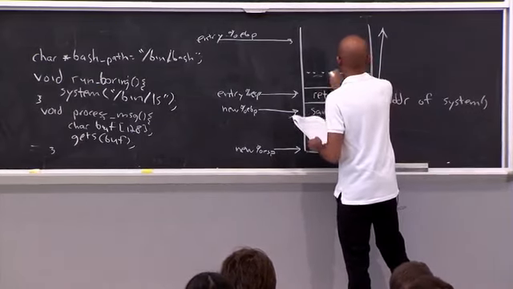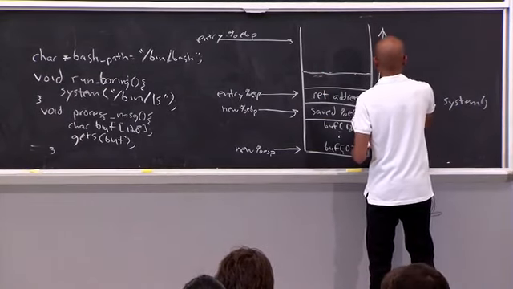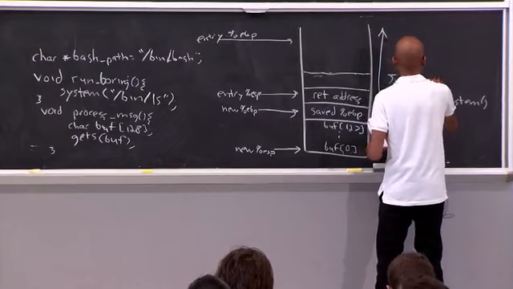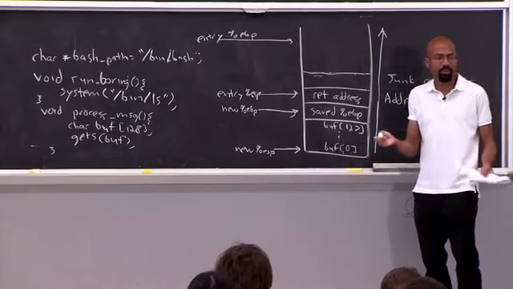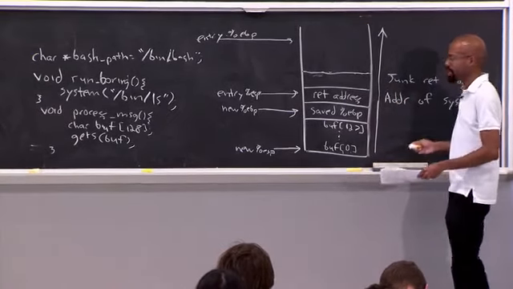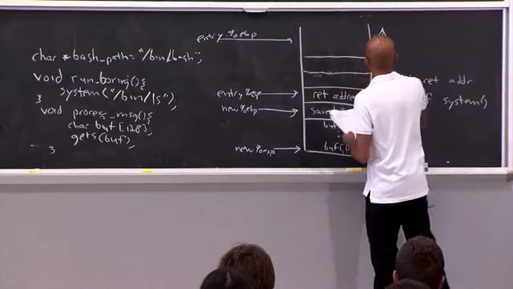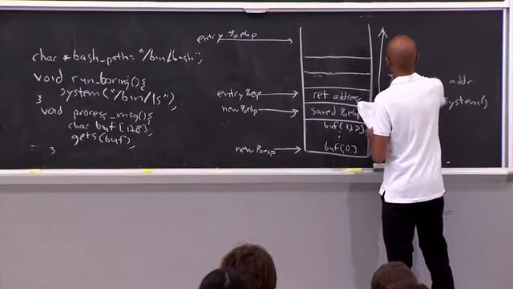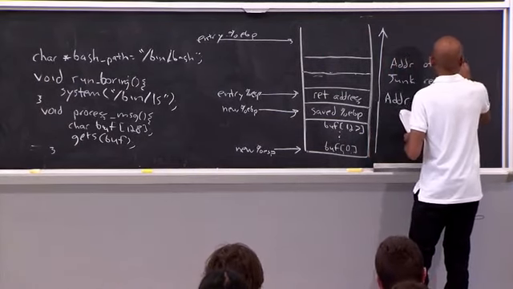And then here, we're going to put just some junk return address. This is where system's going to return after it's finished. For the purposes of the discussion now, we don't care what this is. We'll just make this be some random set of bytes. And then up here, we're going to put the address of bash path.